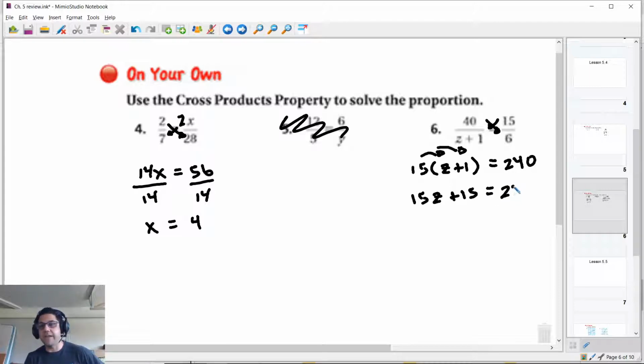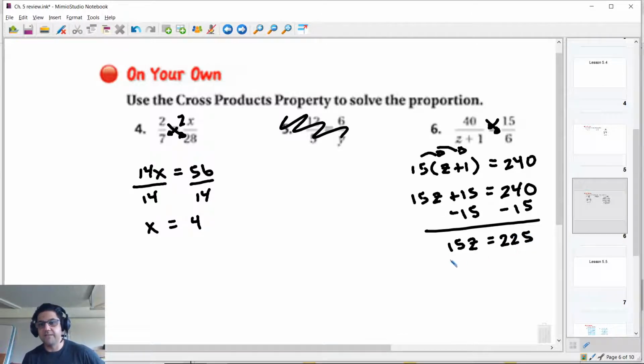So now you have a nice two-step equation. We've been practicing this a lot this year, and you're going to be using it so much in 8th grade and high school. So it's giving me 15z is equal to 225 divided by 15. So z is 15.